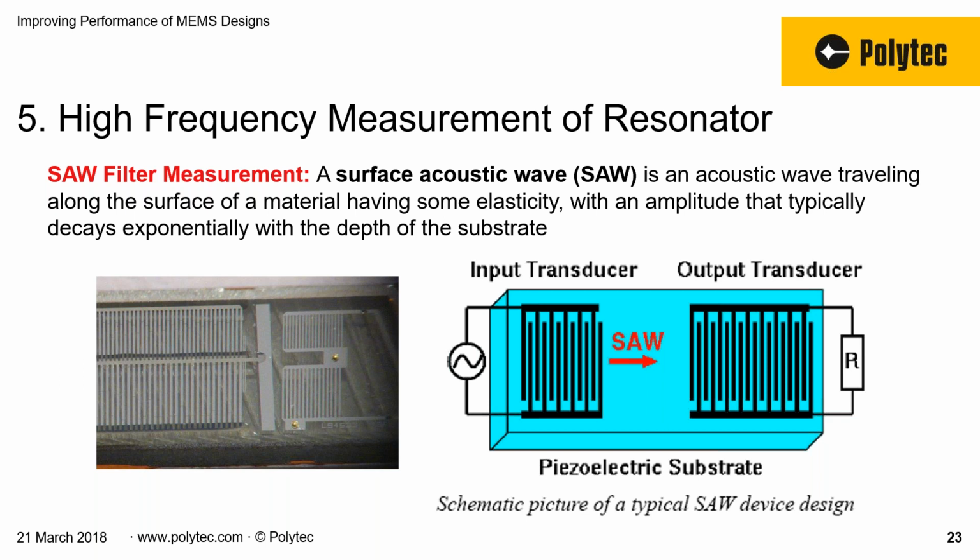This travels across a substrate. The wave typically attenuates as it goes across, and then it's picked up by an output transducer. This is used as a filter, so you can actually filter the frequencies, and this is what's used in cell phones currently, SAW devices, and then FBAR resonators for filtering out signals.